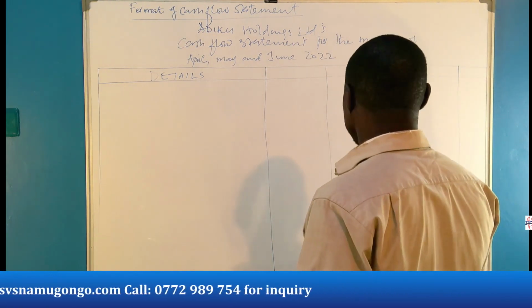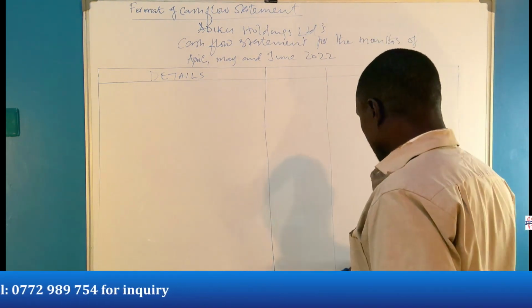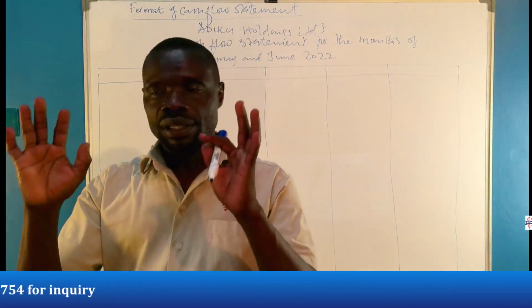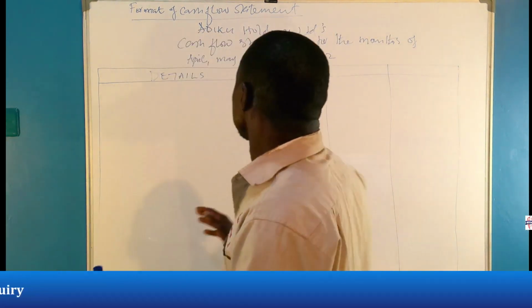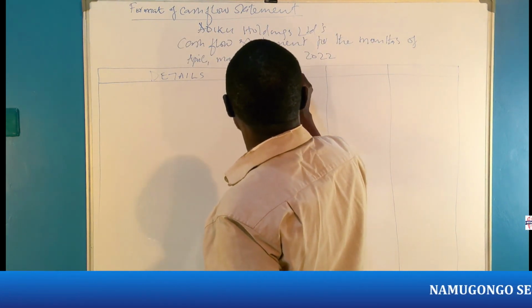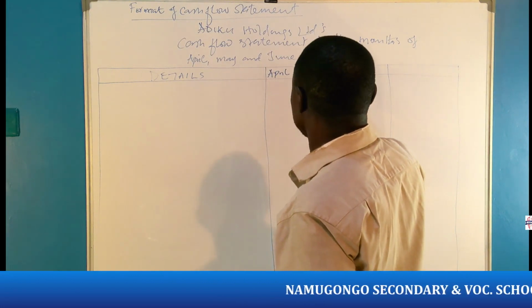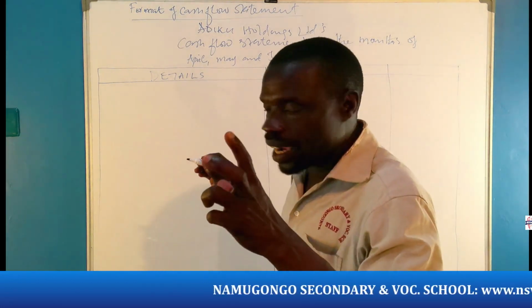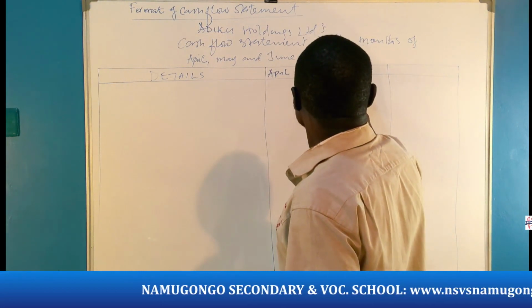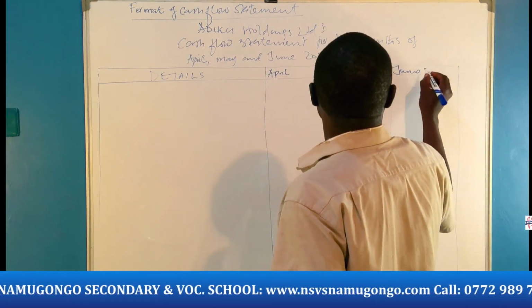And I always encourage students to bring these columns, and they should both be looking uniform. Don't create for April a very big column, then for May a very tiny column. Then you'll be doing very ugly work. So April, May, and then June.